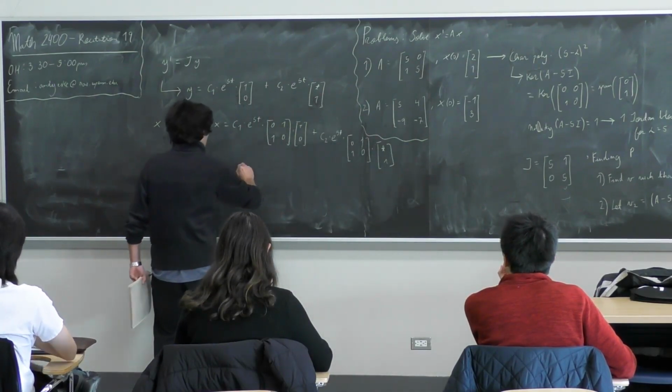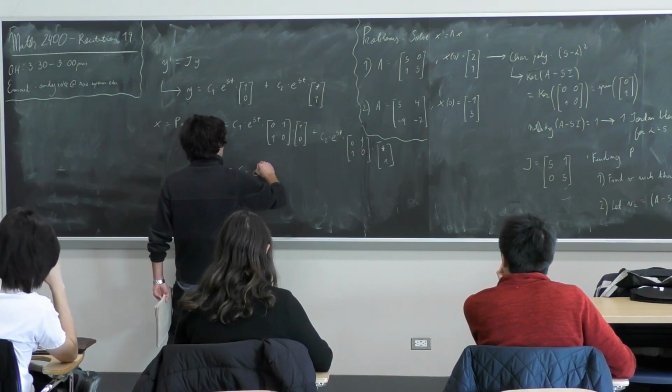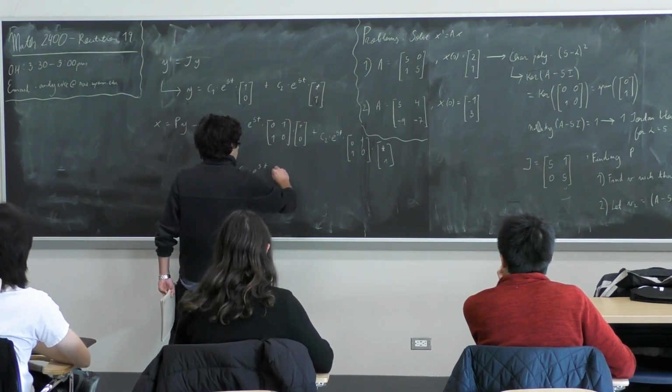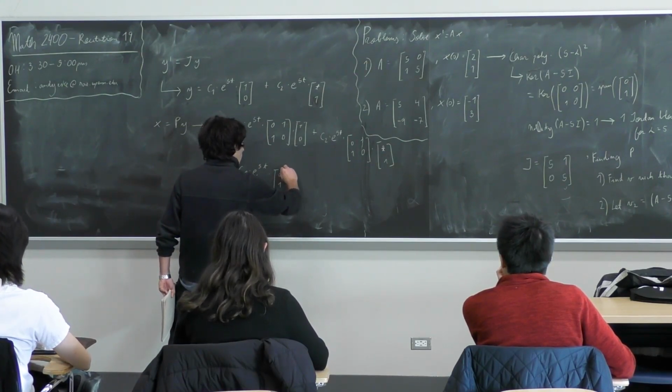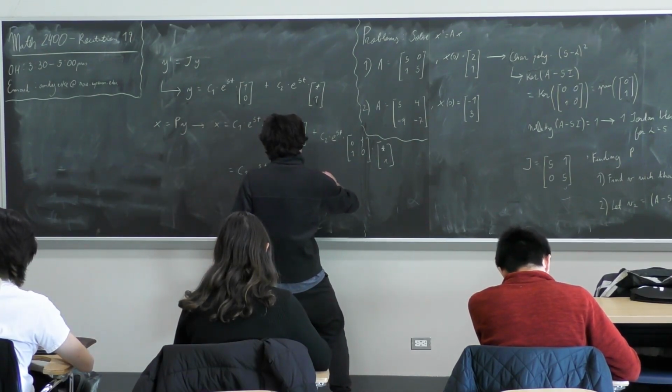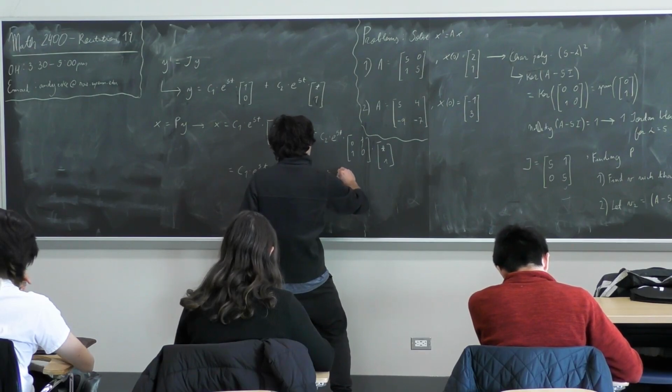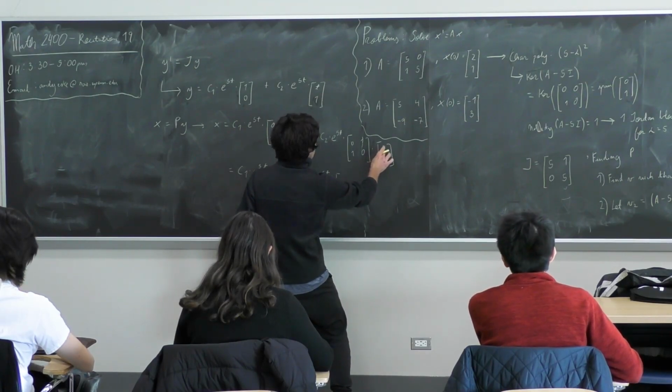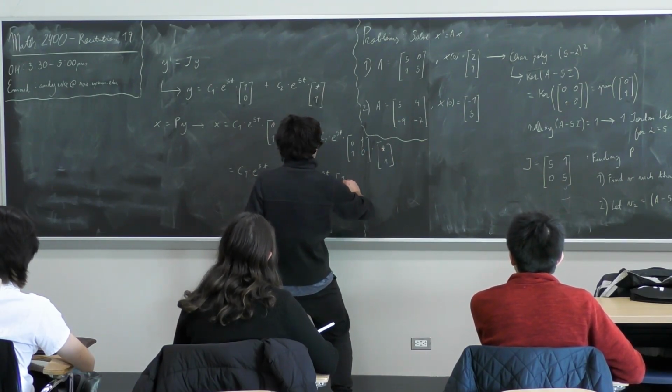This ends up being c1 times e to the 5t times 0, 1, then plus c2 times e to the 5t times 1, t.